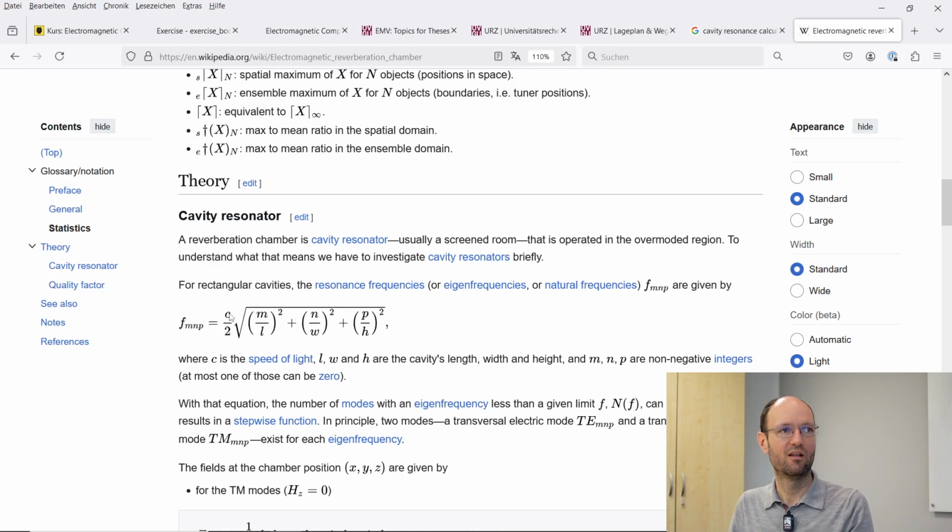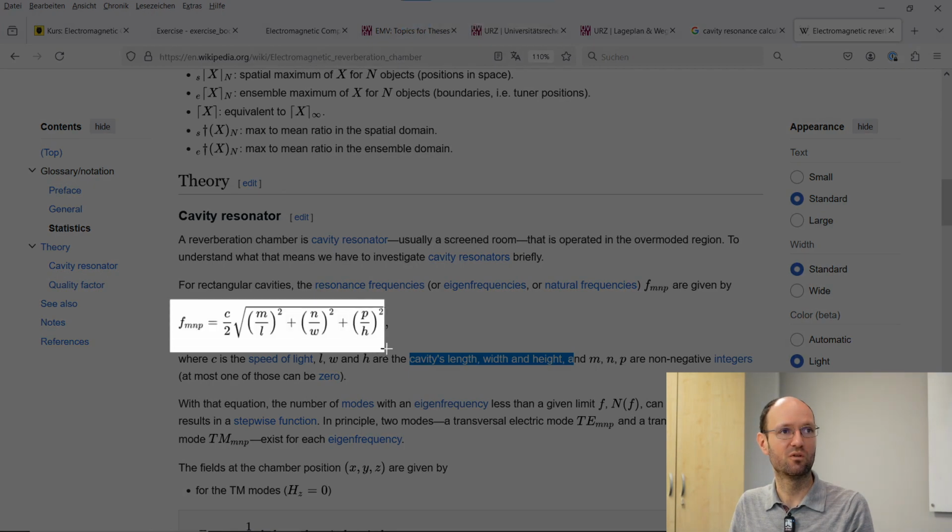Here we have the velocity of light divided by 2, and then L, W and H are the dimensions of the cavity, length, width and height, and M, N and P are non-negative integers, and only one of them can be 0. So if we set M to the largest dimension, N to the next smaller dimension, and P to the smallest dimension, and N and P to 1, then we should get the smallest frequency, the first resonant frequency of the cavity.